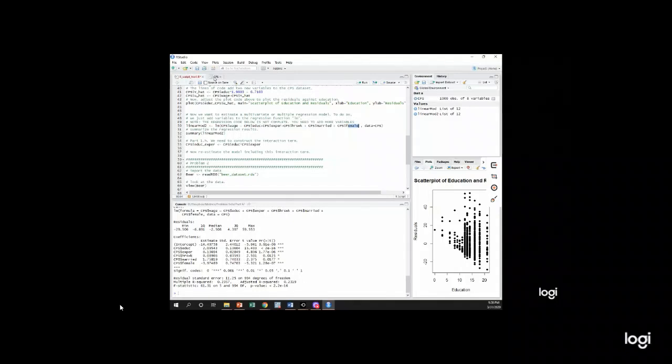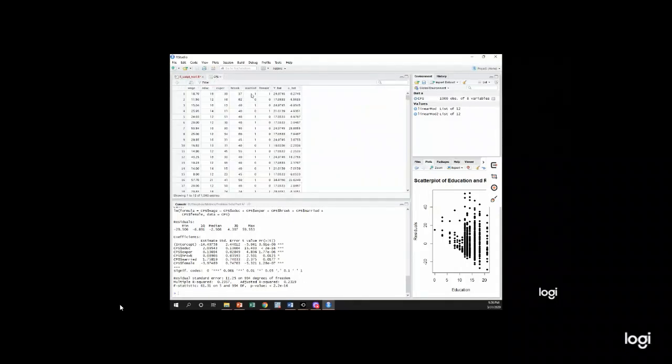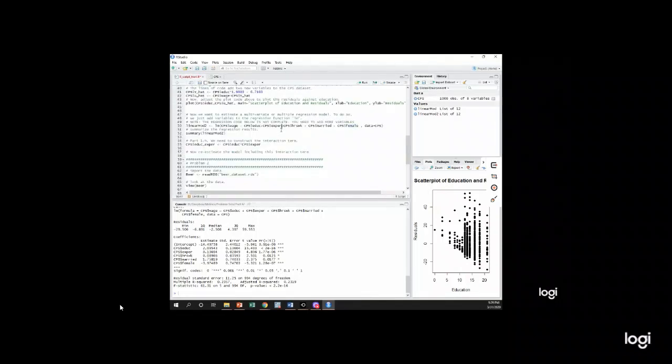We can look at that data. Here it is. I know it's a dummy variable because married only takes on 2 values, 0 and 1. Female only takes on 2 values, 0 and 1.